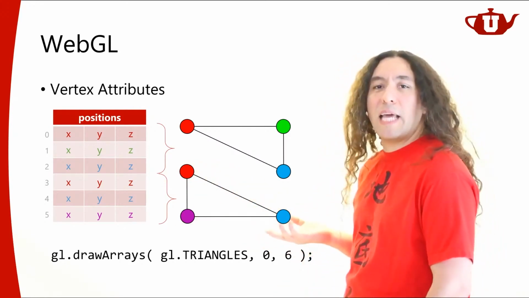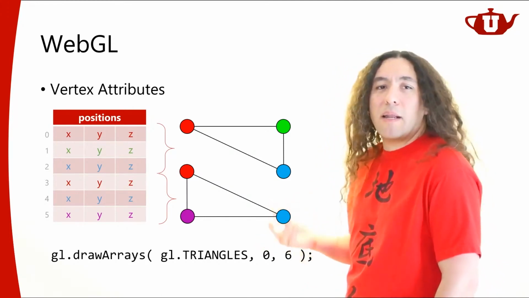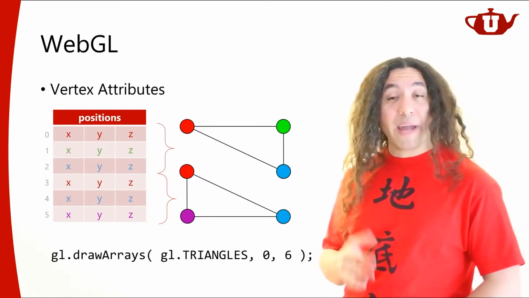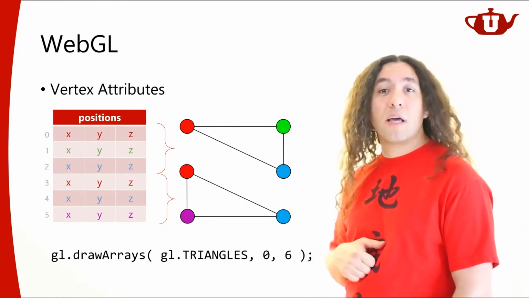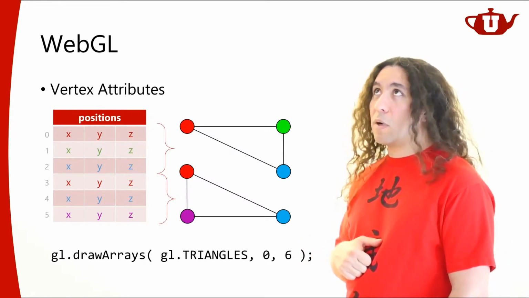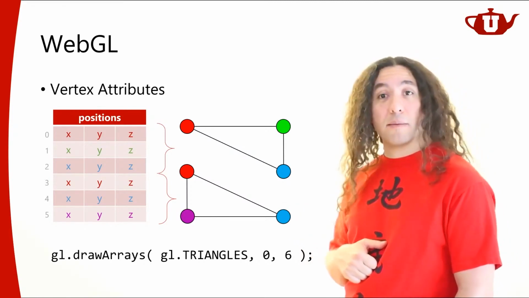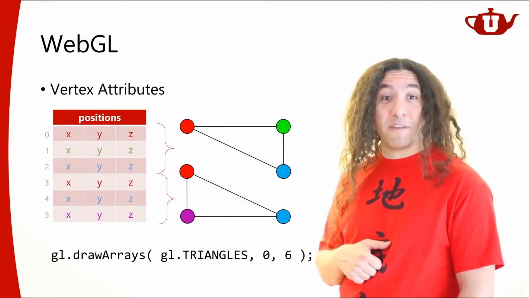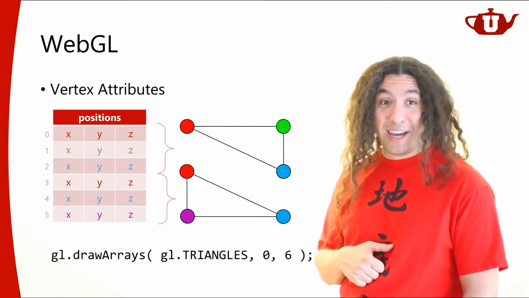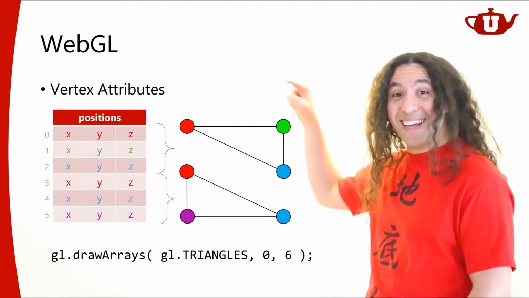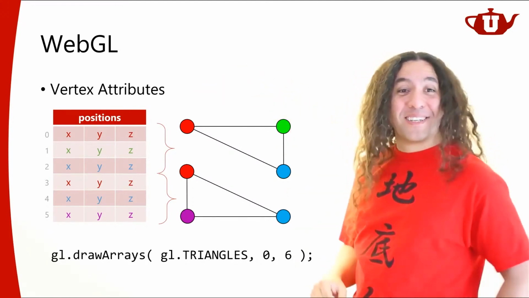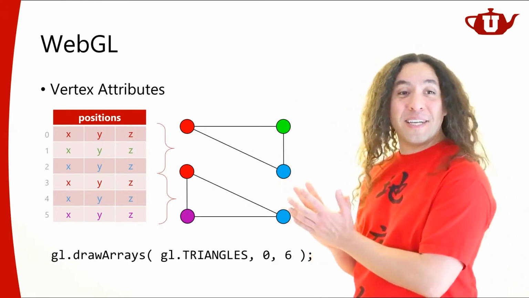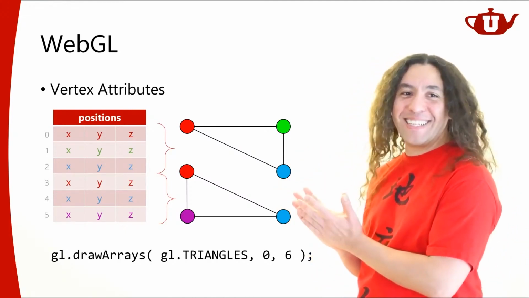I keep repeating the same data and I'm storing the same data on GPU memory. Actually, with this kind of representation for a triangular mesh, on average, you would expect a vertex to appear 1, 2, 3, 4, 5, 6 times. 6 times. Yes, every vertex 6 times. That means this array will have 6 times more data than it needs to have, which is not very good, right?